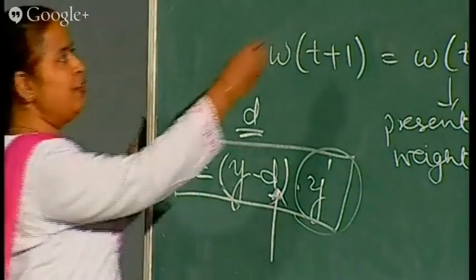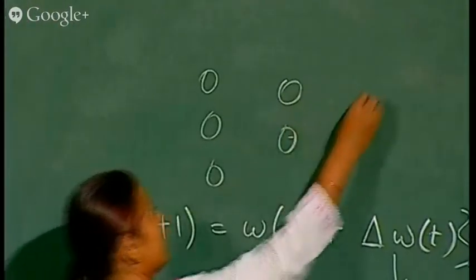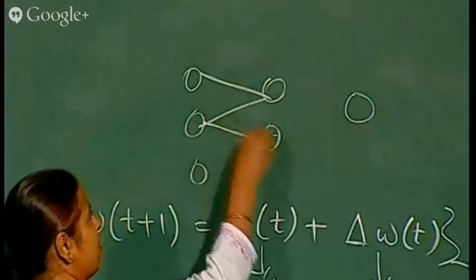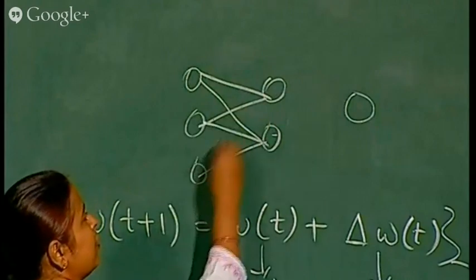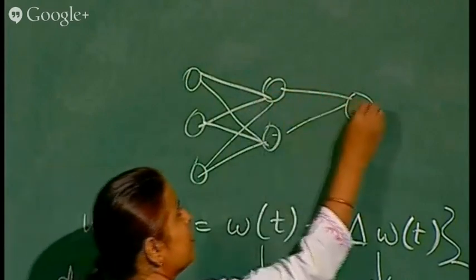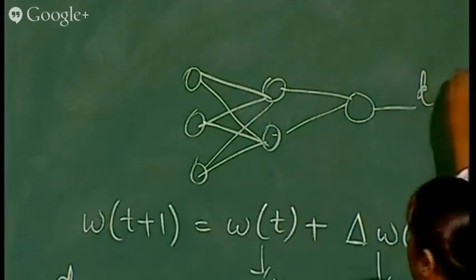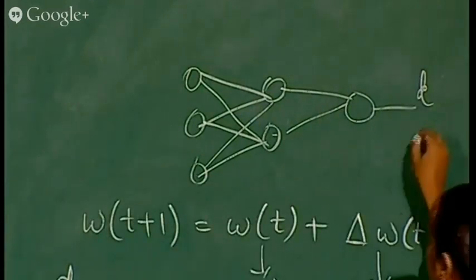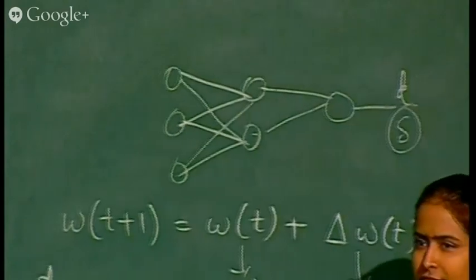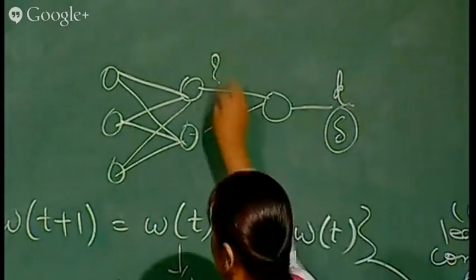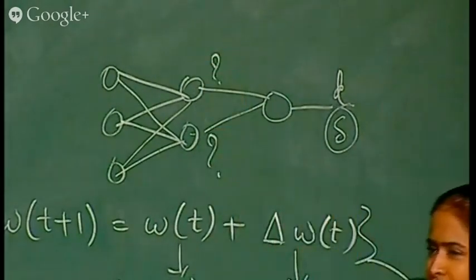But in the case of a hidden neuron, in the input layer, the desired output is not available. At the output layer the desired output is available, so we calculate delta. But here, what is the desired output? We don't know.